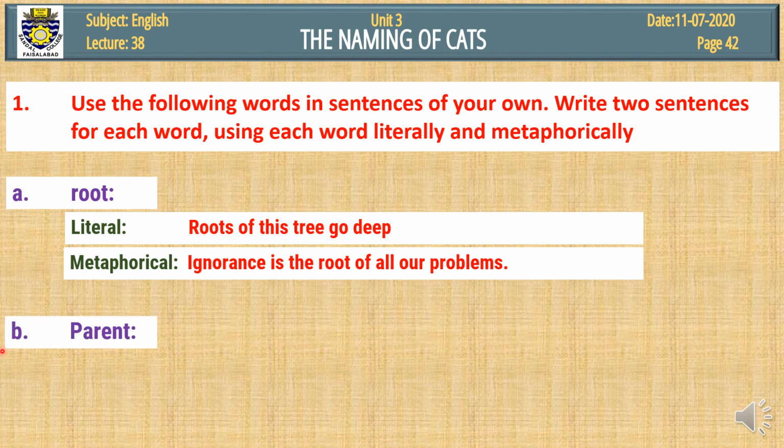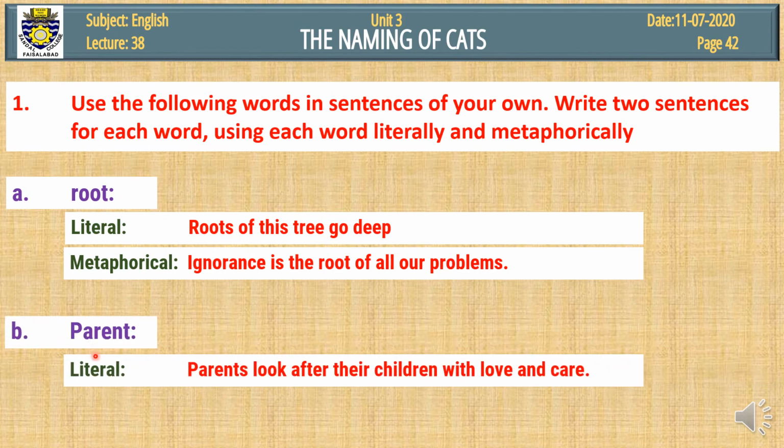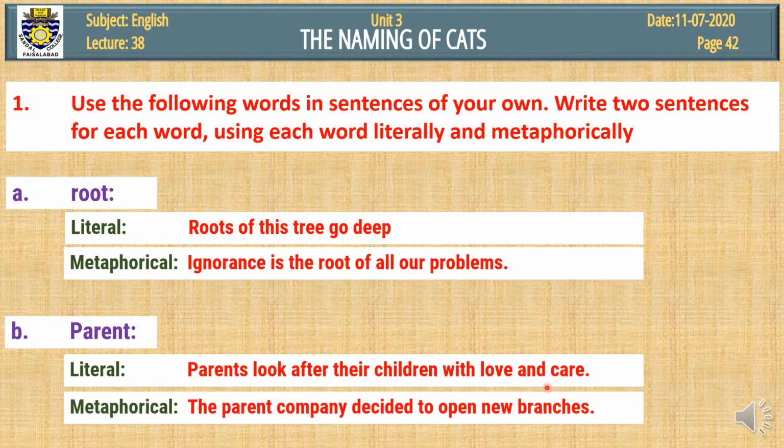B. Parent. Literal sentence: parents look after their children with love and care. Now metaphorical sentence: the parent company decided to open new branches. Parent company means the first company, the company that was started in the beginning.